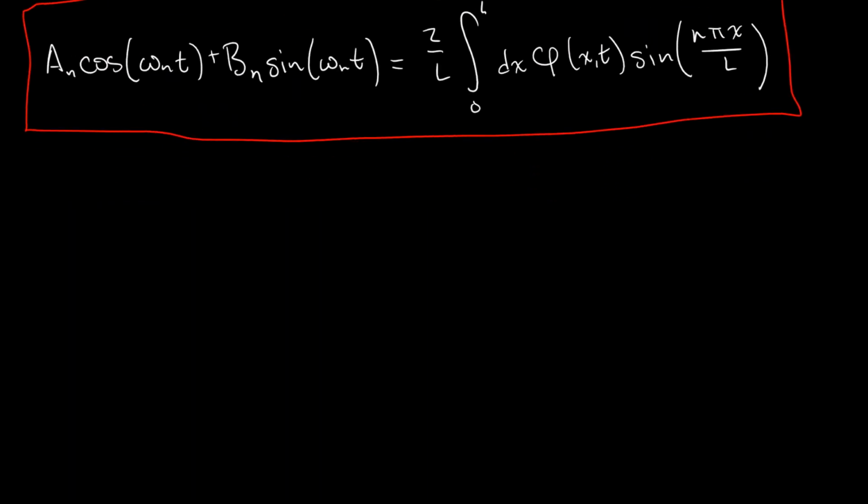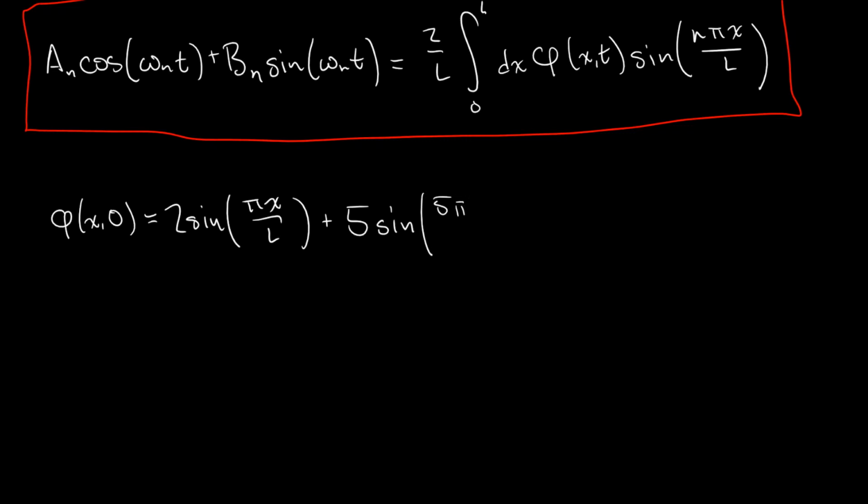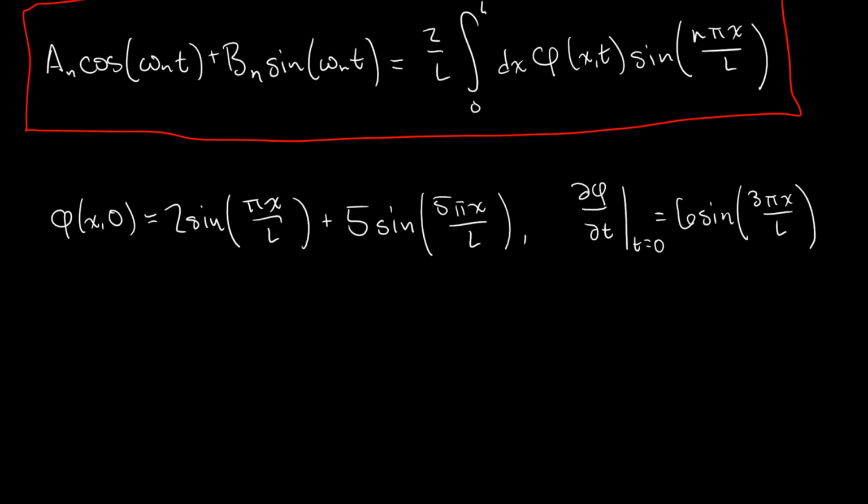We'll do a particularly straightforward example, where we'll say our initial condition at t equals 0 is some sinusoidal function: 2 sine of pi x over L plus 5 sine of 5 pi x over L. And then we'll say that we give it some initial velocity, which is also going to be sinusoidal: 6 sine of 3 pi x over L.